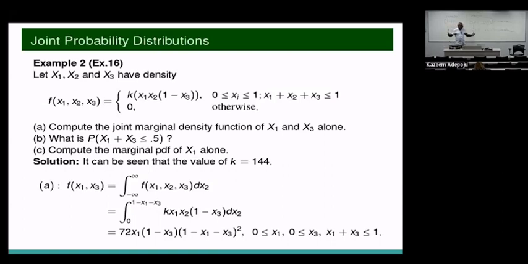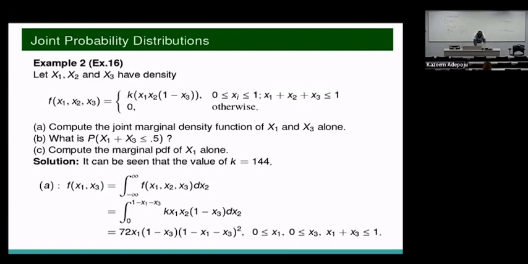But if I have x1, x2, x3, look at question A: compute the joint marginal density of x1 and x3 alone. Oh my God. Let me do this.